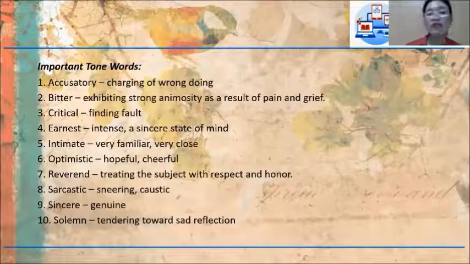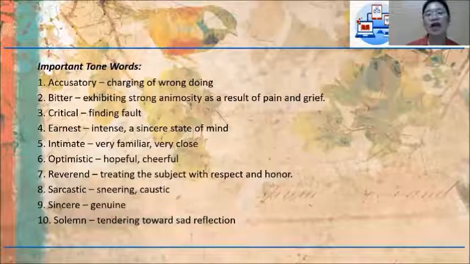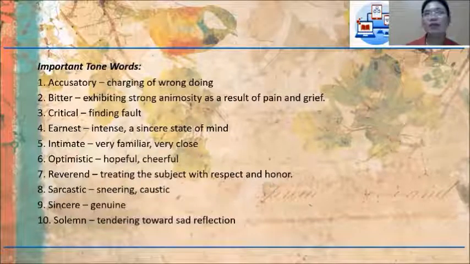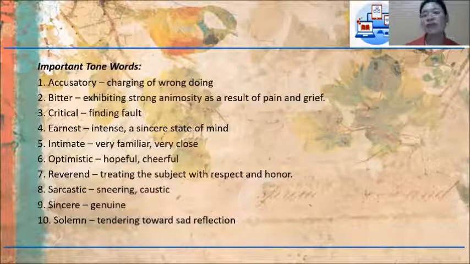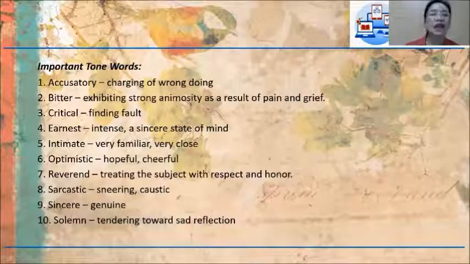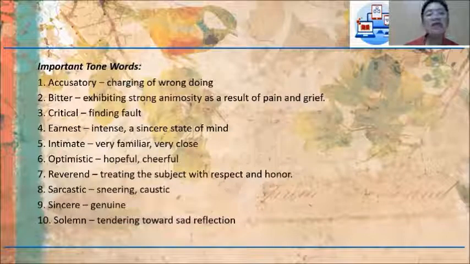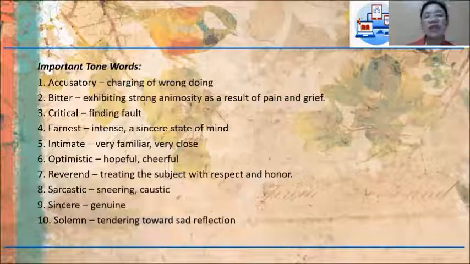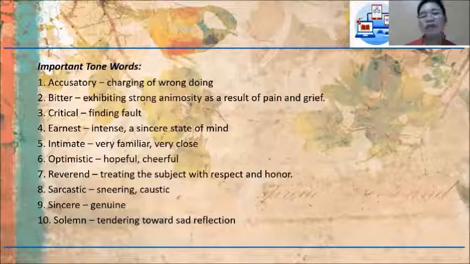Number one, we have accusatory. Accusatory is charging of wrongdoing. Like, for example, if you are accusing someone, okay? Okay. And then we have bitter. Bitter means exhibiting strong animosity as a result of pain and grief. And then we have also critical or finding fault.